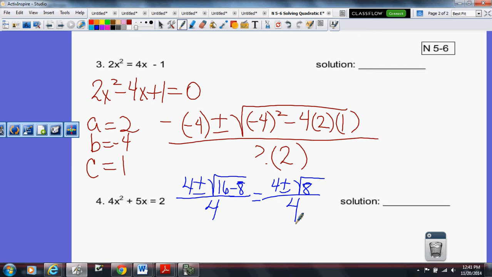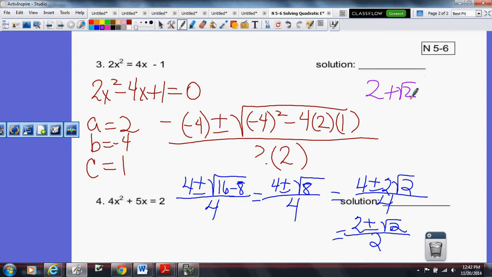If not, I'm going to need you to work on your radicals. So I know that really says 4 plus or minus 2 square root of 2 over 4. So those are divisible by 2. When I divide those by 2, I'm going to be left with 2 plus or minus square root of 2 over 2. So I would write that as 2 plus square root of 2 over 2 and 2 minus square root of 2 over 2. That would be my solution set.